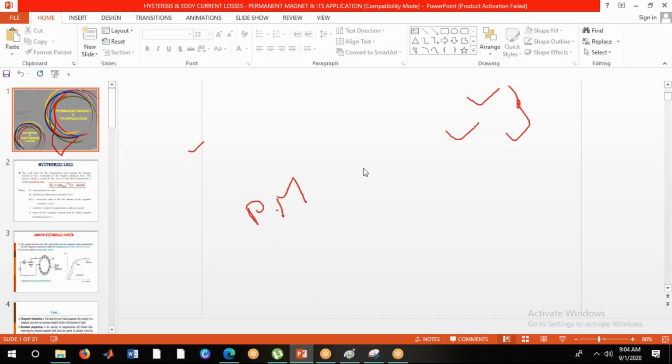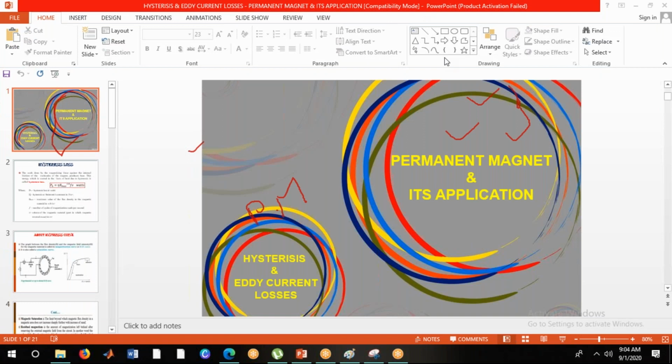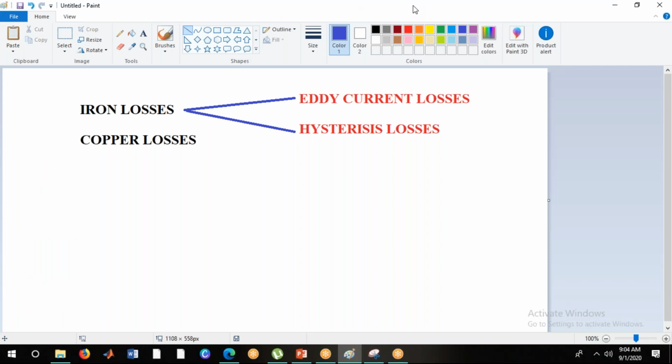Remember the two losses: iron losses and copper losses. The iron losses are also called core losses, right? These are the two losses that mainly occur in electrical machines.